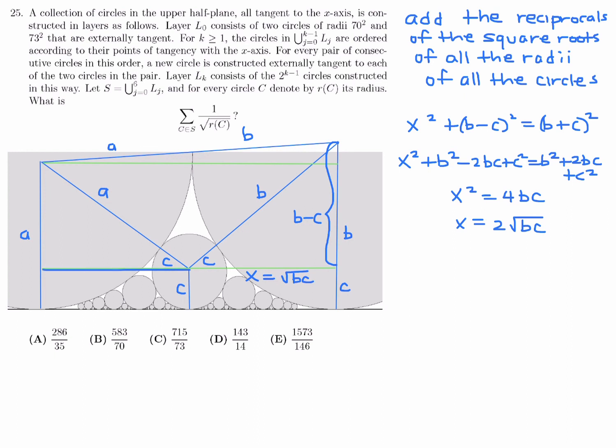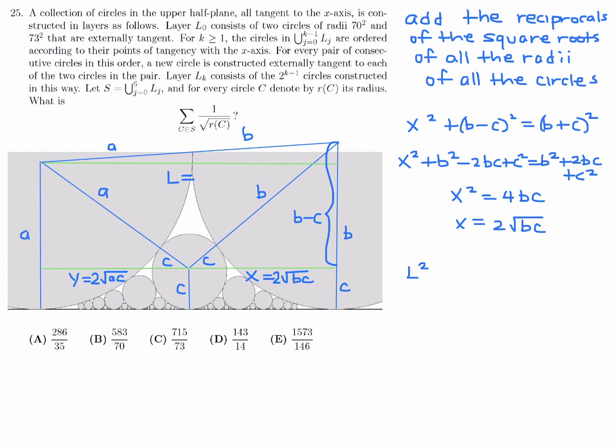And then on this side, if we do the exact same thing, let's say that is Y, and I'll let you do the algebra. It's identical. It will come to the same sort of relationship, that it will be 2 root of AC, because those are the variables on that side. Okay? And then this triangle up top here, I'll do that one. It's pretty much identical, but I'll just do it. I'll call that whole distance from there to there, let's say call it L for length, I guess.